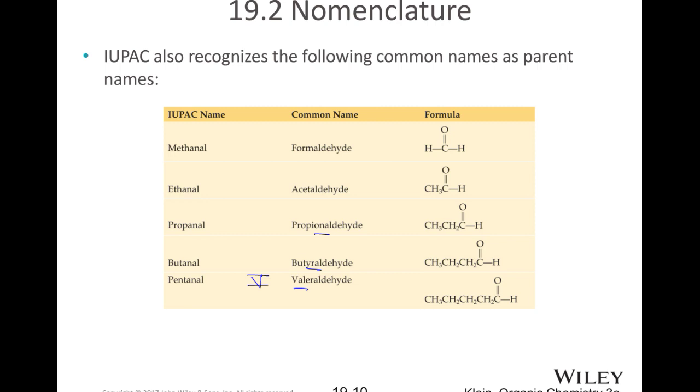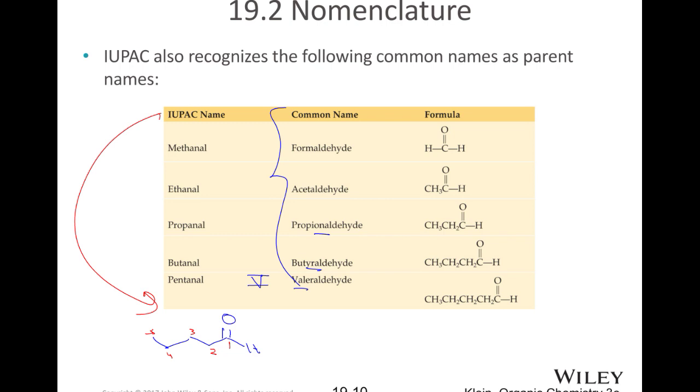Another thing about the nomenclature when you use the common names only. Let's say I had pentanal, so I'll draw pentanal here. So 1, 2, 3, 4, 5, like that. I would number it, giving the carbonyl the lowest possible number. So 1, 2, 3, 4, 5. That's the IUPAC way of numbering.